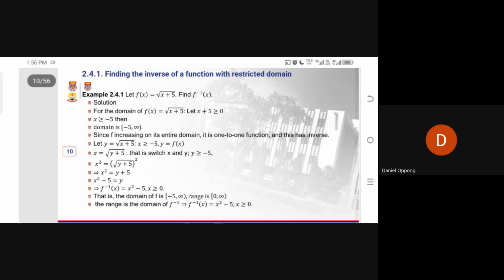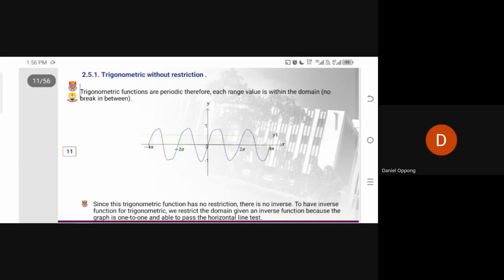That is the same ideology that we want to apply to trig functions. If there are no restrictions to their domain, they are not one-to-one. But if there is a restriction to the domain, it becomes one-to-one.